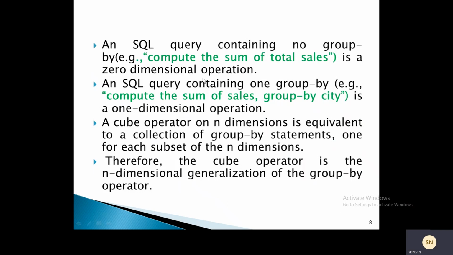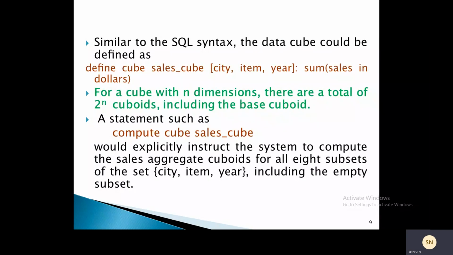For a cube with n dimensions, we can have 2 to the power of n cuboids. As we have seen in the example, we have three dimensions, and we can have 2 cubed, that is 8 cuboids, including the base cuboid.